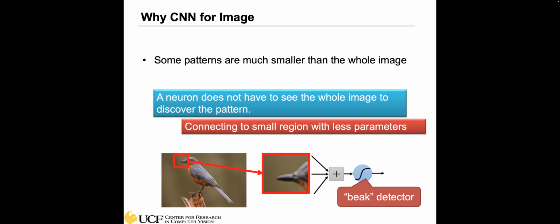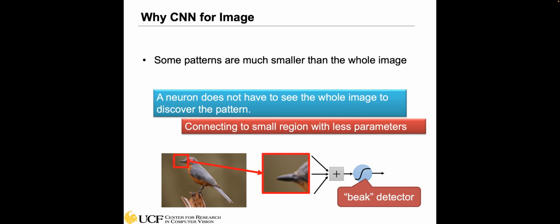But if you select the leg here, you may also be able to determine this is a bird. So some of the important patterns are actually much smaller than the whole image. That means a neuron doesn't have to see the whole image to discover the pattern and make a decision.